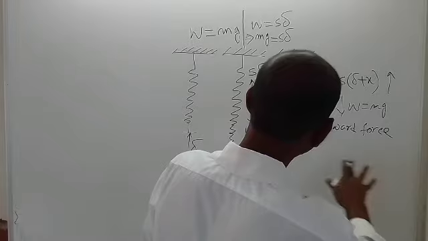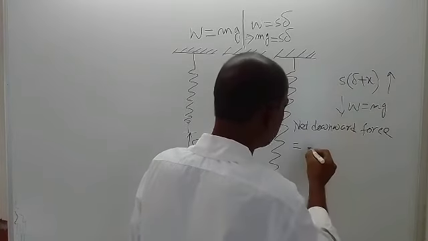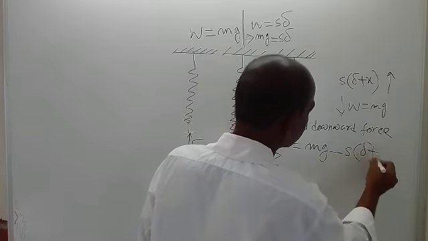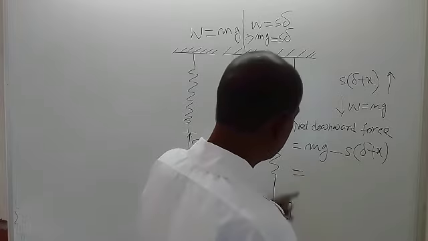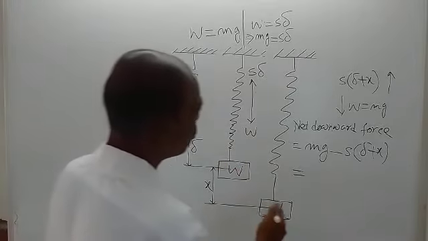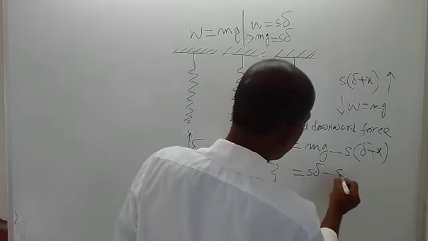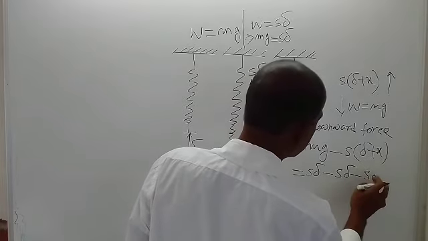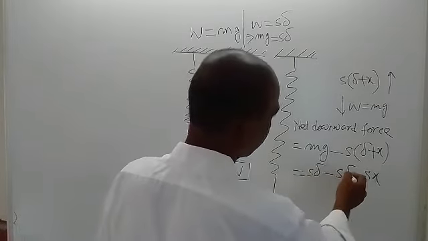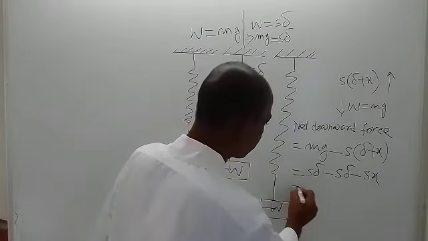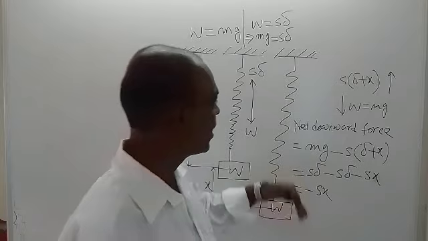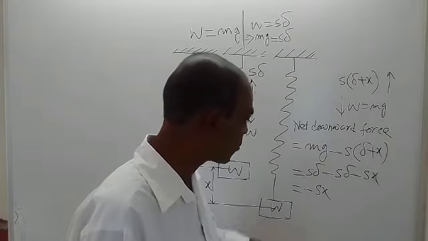So net downward force is mg minus S into delta plus X. Previously we have got mg is equal to S delta at that position. So you write S delta minus S delta minus S X. So this S delta and this S delta are cancelled. So the remaining thing is minus SX. This is the net downward force.